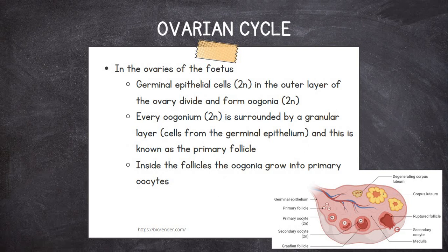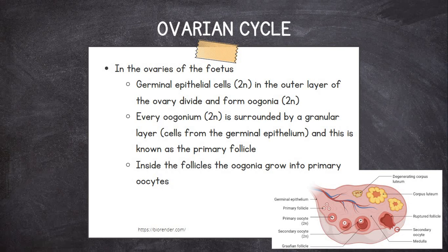So, in the ovaries of the fetus, we know that oogenesis already starts. So during this process, the germinal epithelial cells in the outer layer of the ovary divide and form the oogonia, and we know this from our previous lesson, right? Every oogonium is surrounded by a granular layer, and this is known as the primary follicle as a whole.